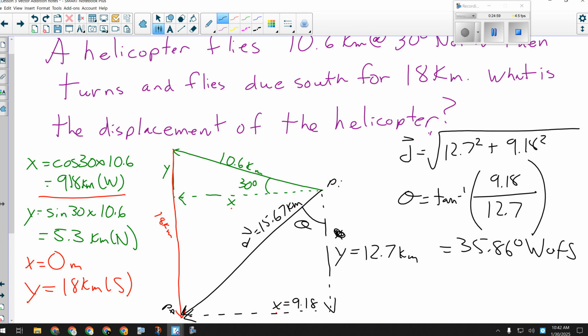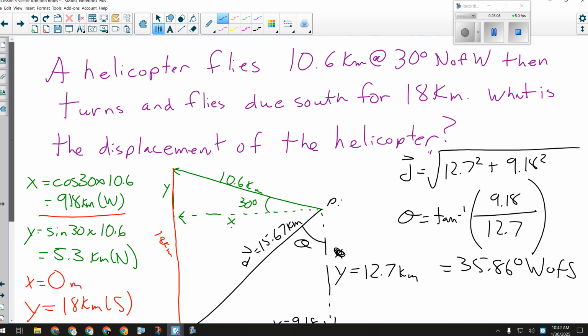How many significant digits should my answer have? This number has 3 significant digits, 2 and 2. My answer should have 2. It can't be more accurate than my least accurate numbers. My least accurate numbers had 2 significant digits in them.